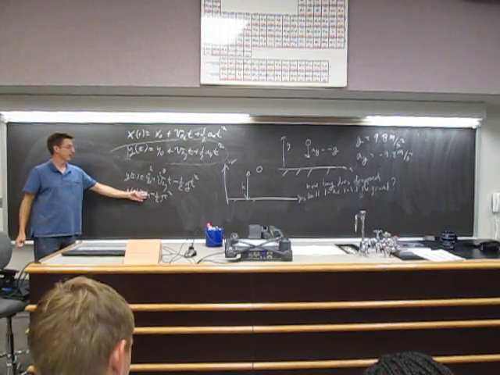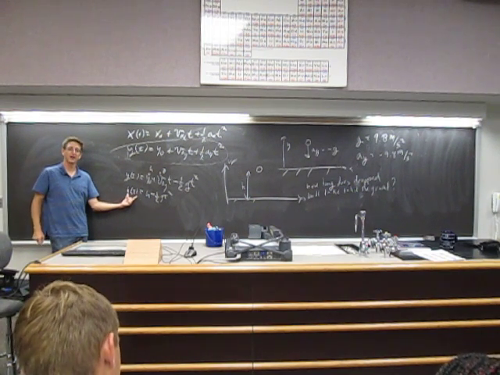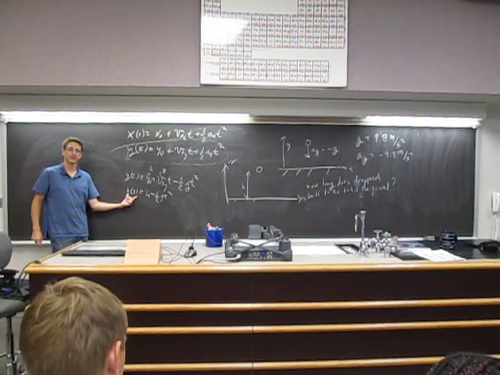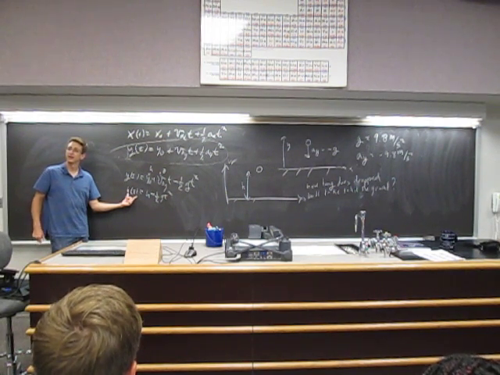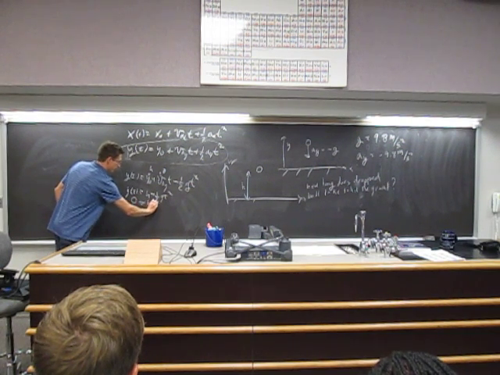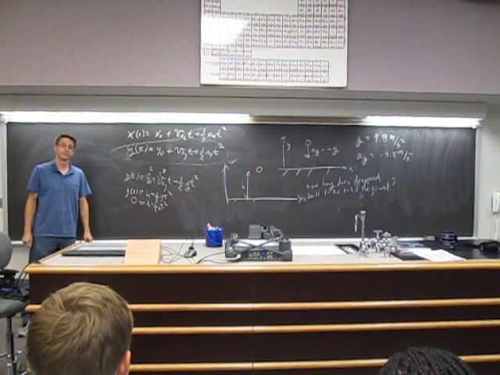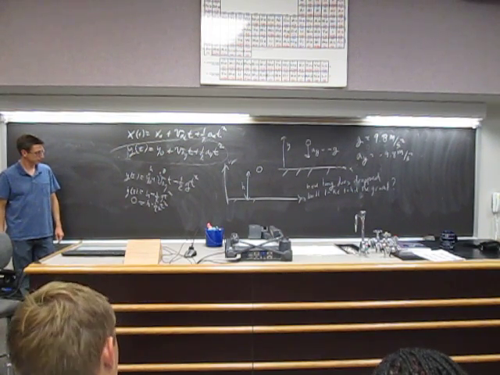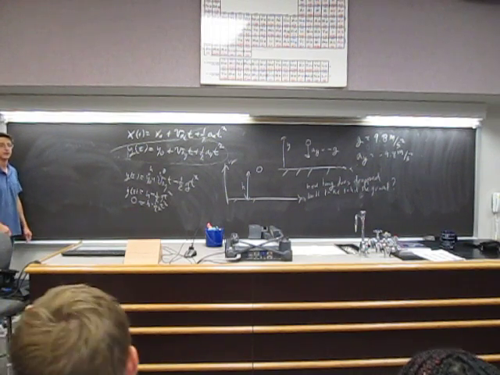If I'm interested in the time it takes to hit the ground, I'm interested in when y is going to be 0, when it's at the ground. That makes sense? So in this case, I'm going to plug in 0 here: 0 equals h minus 1/2 g t squared. If I want to solve for this time, what should I do?